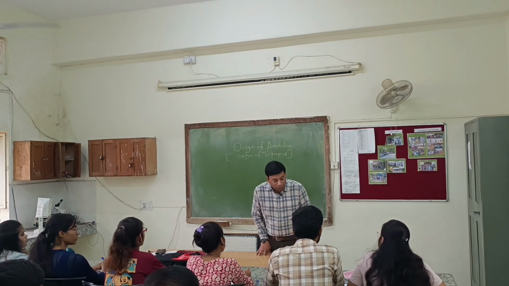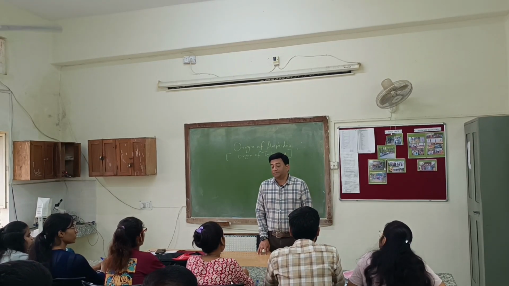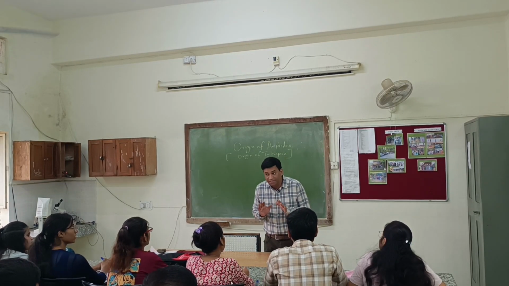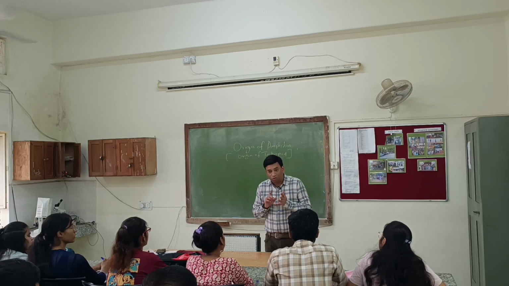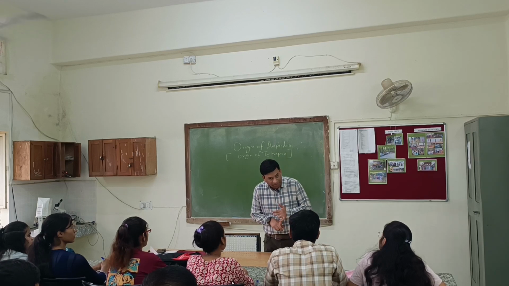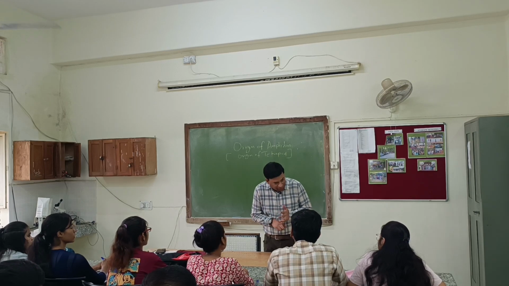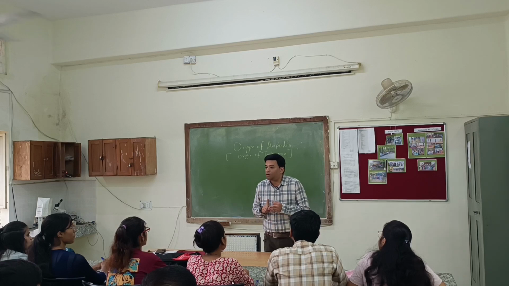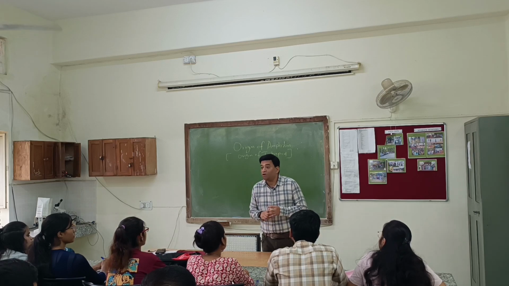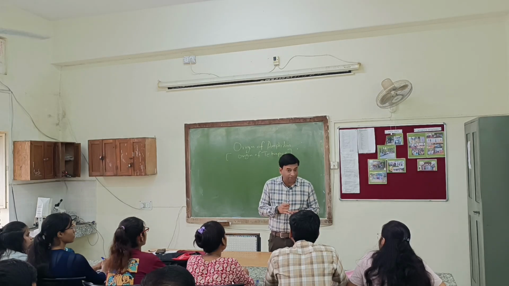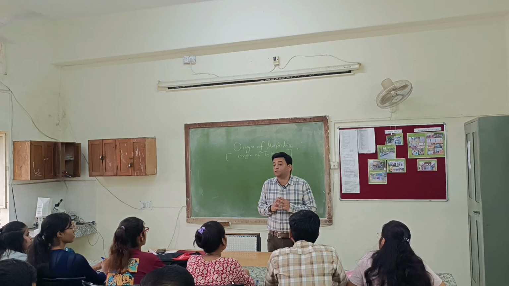I am going to tell you one particular thing: how to deal with such questions. Whether it is the origin of amphibia, or origin of reptilia, or origin of birds, or origin of mammalia, or even the origin of the chordate, how to tackle this question?